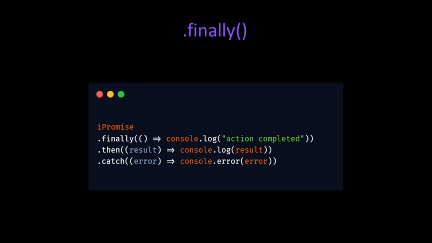It has no access to state and result properties, so we do not know if the promise is resolved or rejected. Finally method is used for performing some finalizing procedures, for example, a cleanup. We can attach then to finally to handle the result of a promise, like in the given example.